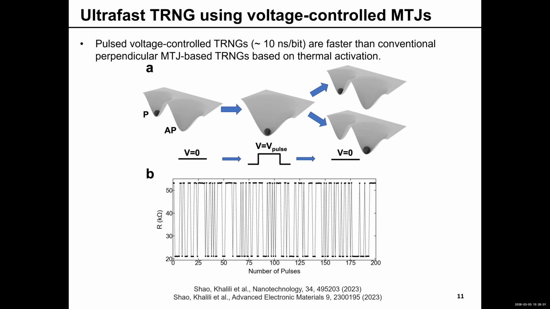You don't need a lot of circuitry in order to read out the state. And so if you then build small arrays of these magnetic tunnel junctions, you can get to very high throughput random bit generators in a fairly small area. I'm showing here a random bit sequence or random resistance measurement from a device from one of our early measurements where we showed that this indeed works.